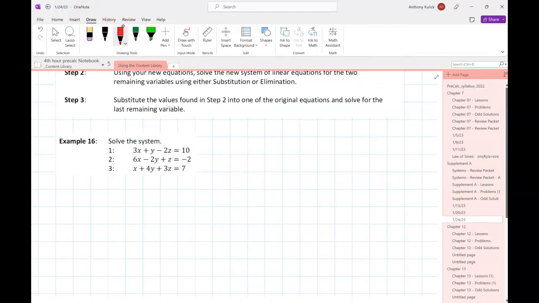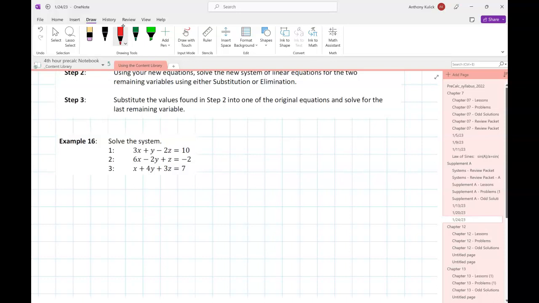All right. So if I look at this example, my goal when doing an elimination is to do as little multiplication as I have to.